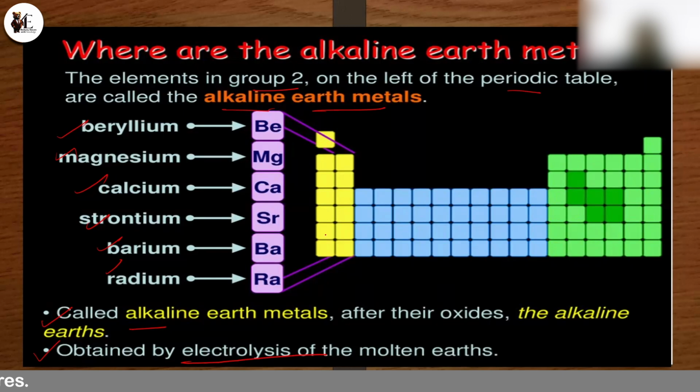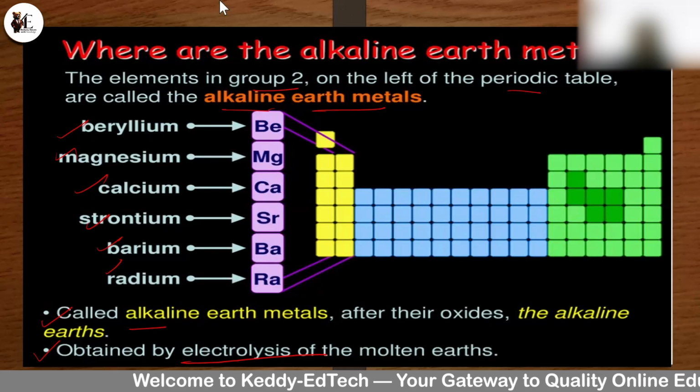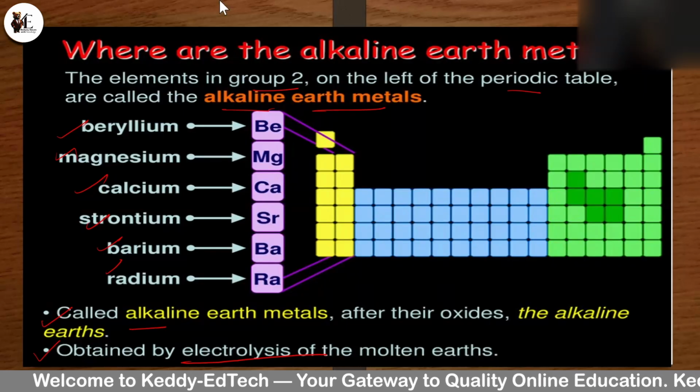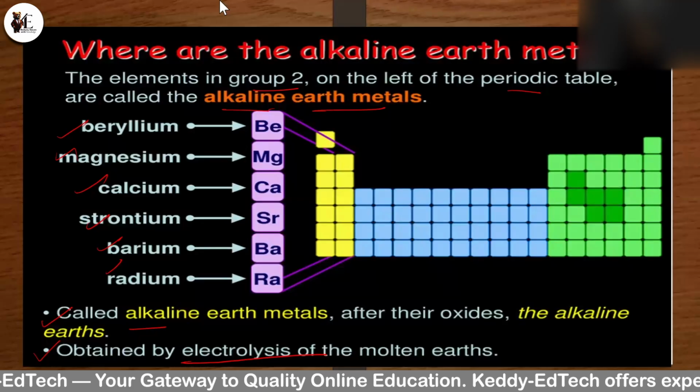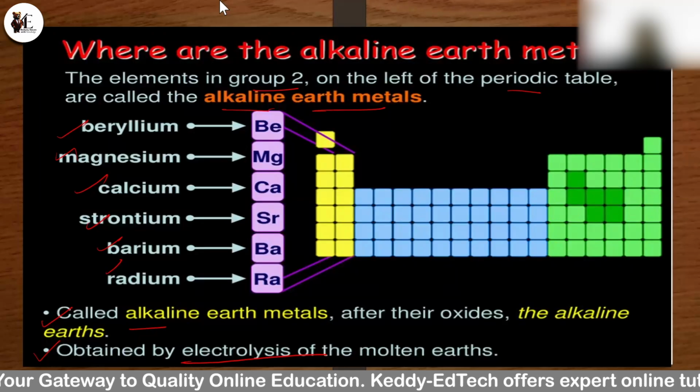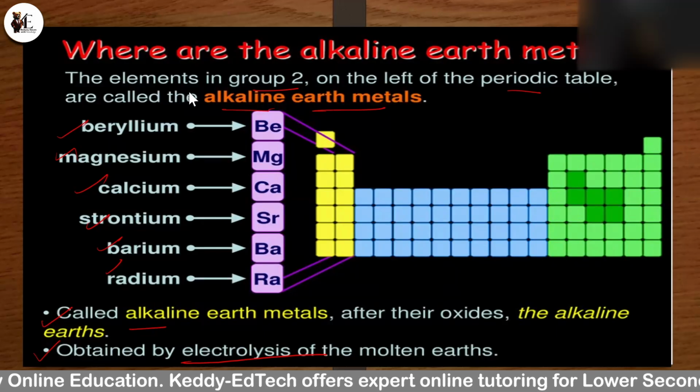That's why it is known as alkaline earth metals. Not the alkali metals. Alkali metals are not obtained by electrolysis of molten earths. So write it down: alkaline earth metals are obtained by electrolysis of molten earth.